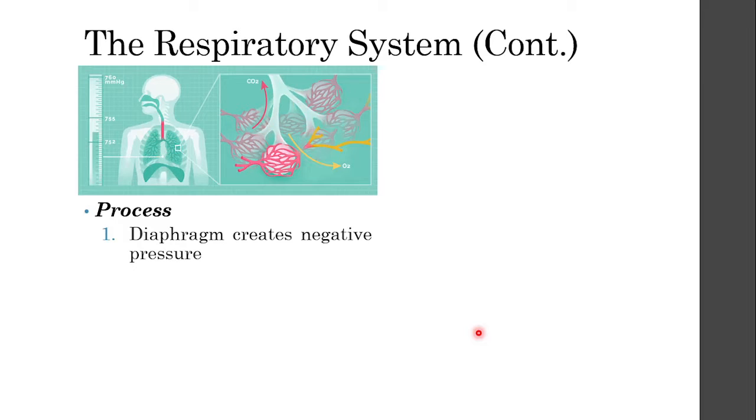First, like we've mentioned, we have to create the negative pressure via our diaphragm. So when our diaphragm descends, as you can see here, this is our diaphragm here, our thoracic cage, our ribs, expands, which inflates our lungs and creates a negative pressure. Then the oxygen, which is the yellow color right there, enters our lungs.